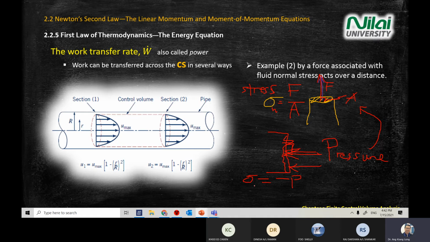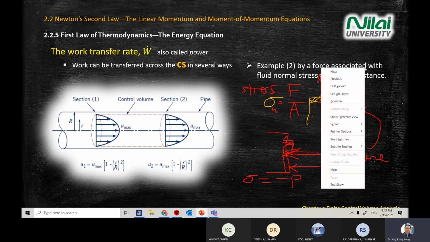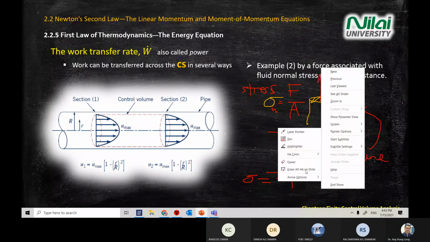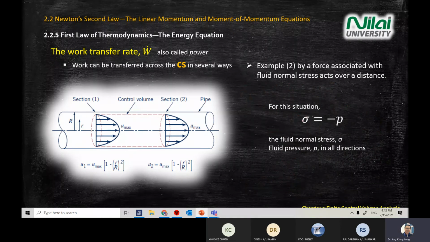So that's why you can write stress equals negative P. Repeat this video later on to understand why suddenly there's a negative in front of the P by referring to this diagram that I drew. Or you can stop me now if you don't understand why there's a negative sign there. I think it's quite clear enough from the diagram that I drew. So that's why we can write stress equals negative P.